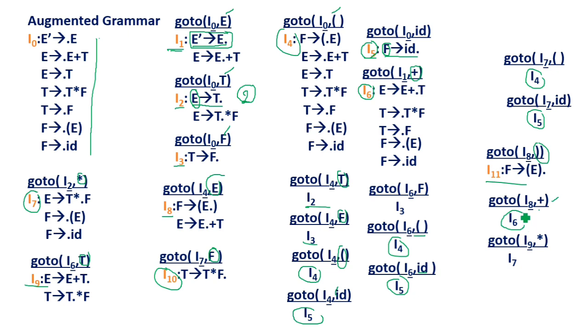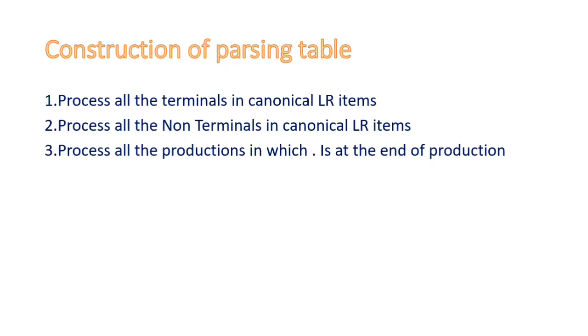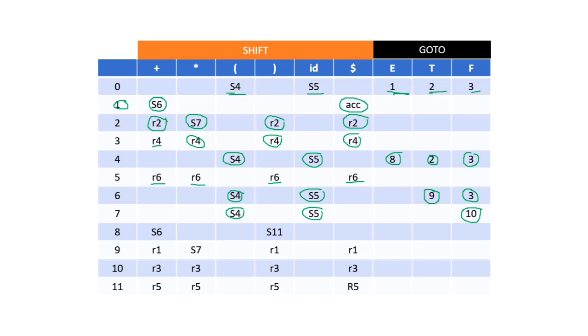So for item set 8, goto of I8 comma plus goes to I6, so I write it as S6 in 8. And goto of I8 comma close brackets goes to I11, so it is written as S11.